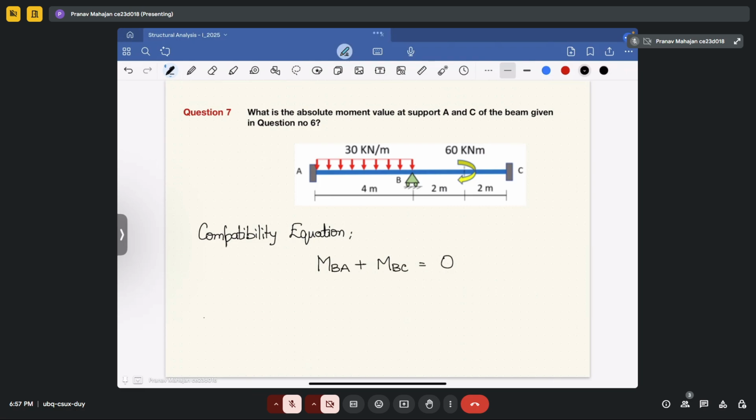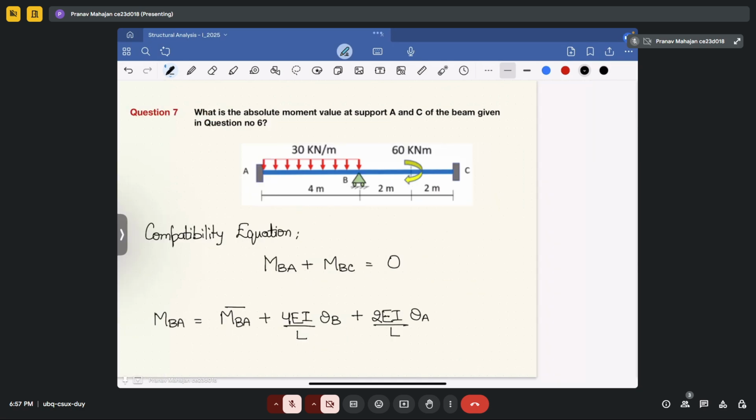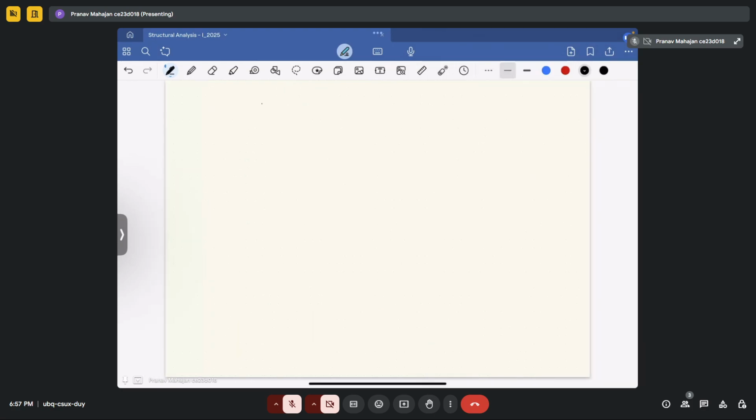So again, your MBA will become equal to MBA bar plus 4 EI upon L into theta B plus 2 EI upon L into theta A. Here I have already mentioned that theta A is equal to 0, and your MBA bar, we have told it to be equal to 40 kilonewton meter, because that will be opposite to what we have calculated previously.